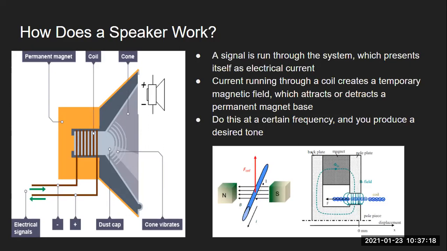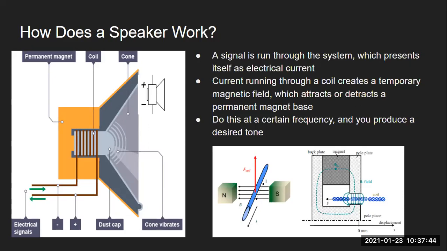And that's what's going on here. You have this length of wire with a current running through it, and if you pass an alternating current through it, it's going to either be attracted or repelled from this permanent magnet, since this coil is sitting on a suspended assembly that can move. So that's what's creating your forward and backward motion.